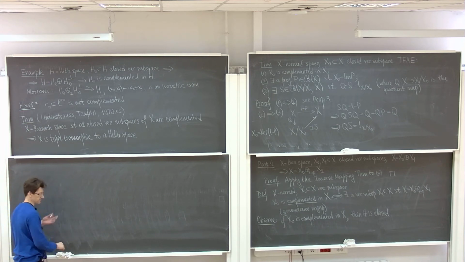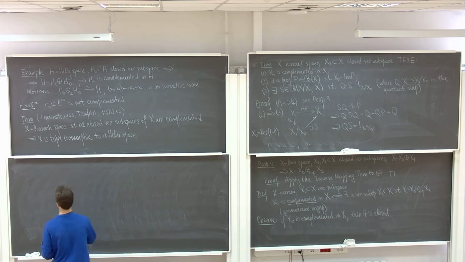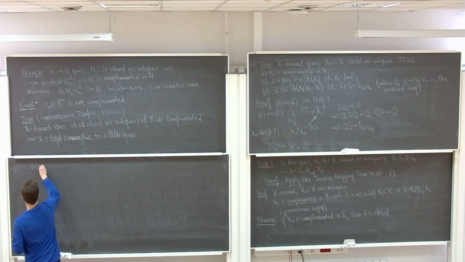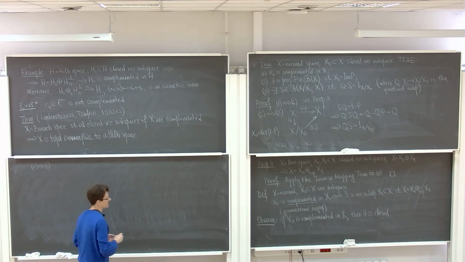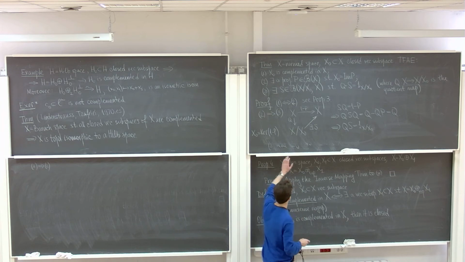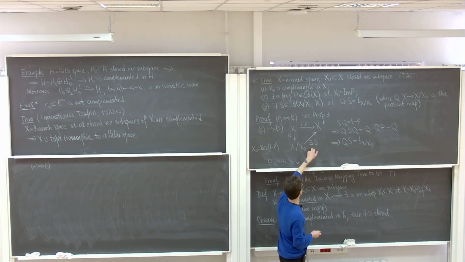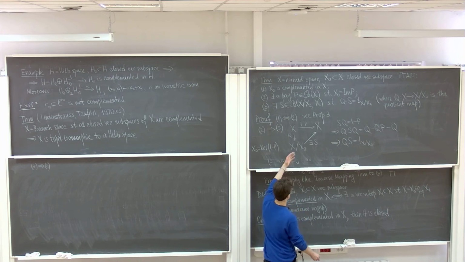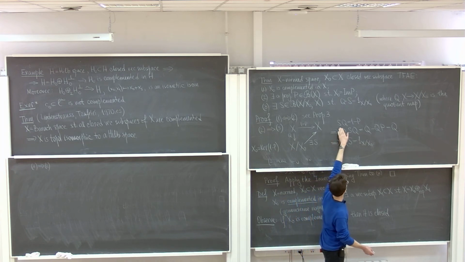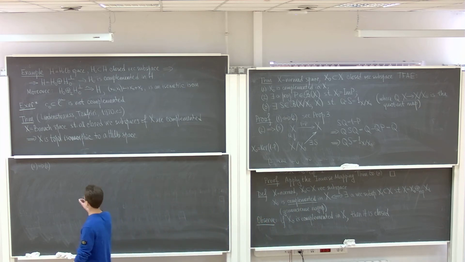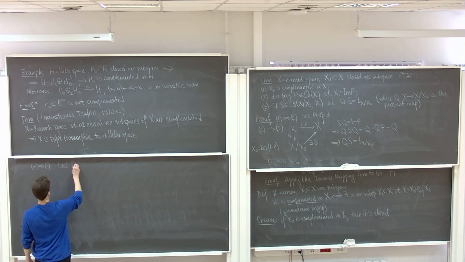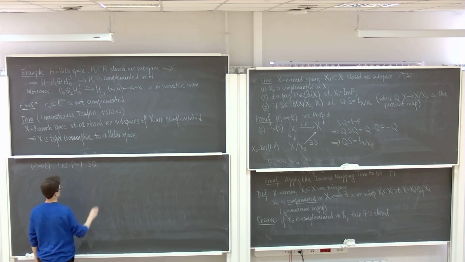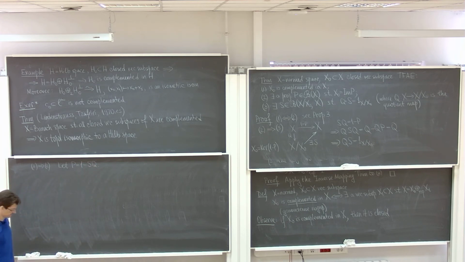And let's now show that 3 implies 2. Well, so now we have S, and we have to construct P. And this diagram suggests the way of constructing P. So P should be 1 minus SQ. So I claim that P is a projection, and the image of P is X0.